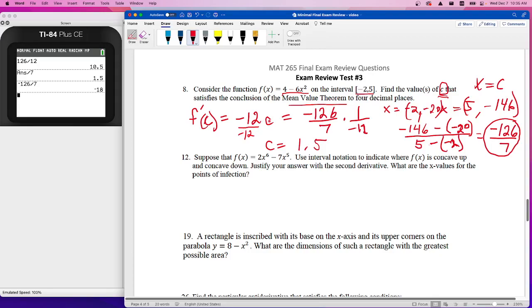Oh, we plug in 1.5. The function value is not equal. Okay, that's where I'm getting off. It's not that the function value at 1.5 is equal to this average rate of change.